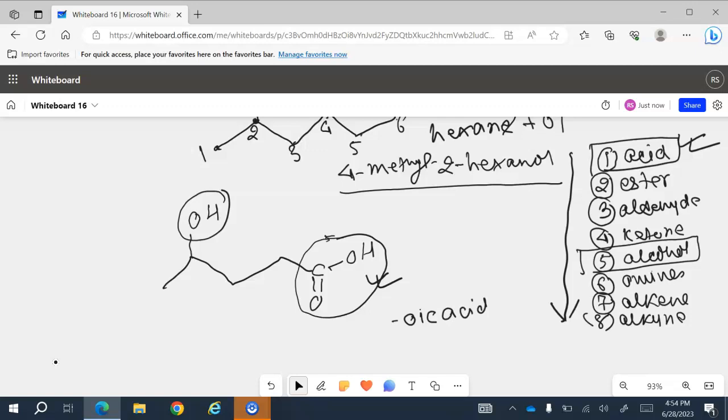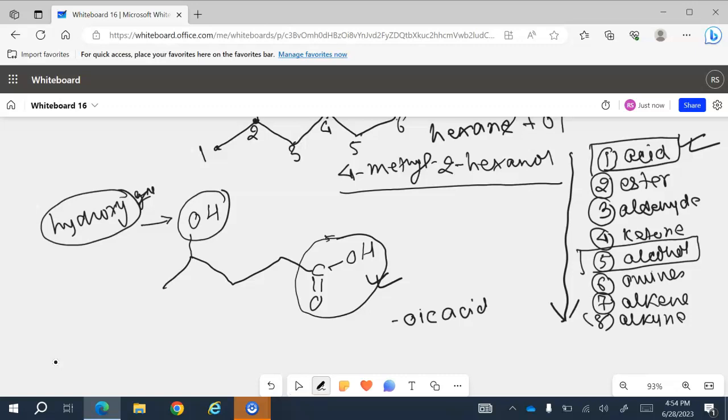Since the alcohol will be the substituent here, we call that the hydroxy group. Alcohol we name as the hydroxy group. This is not ol anymore, this will be the hydroxy functional group because that is lower priority.